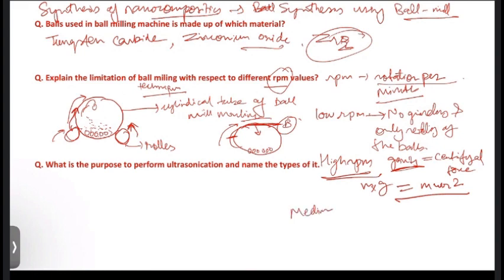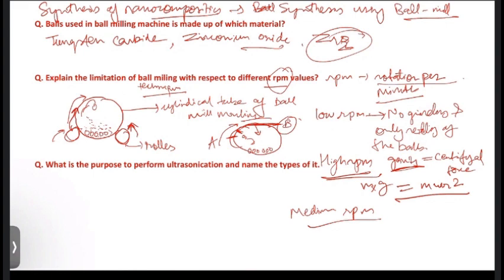Medium RPM. It will be somewhere in between these two positions, A and B, and then the ball will have enough time to roll and then drop down over the sample.